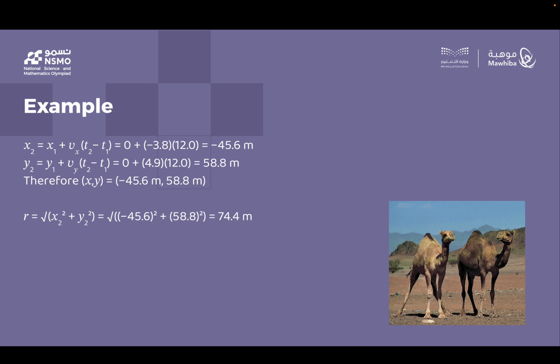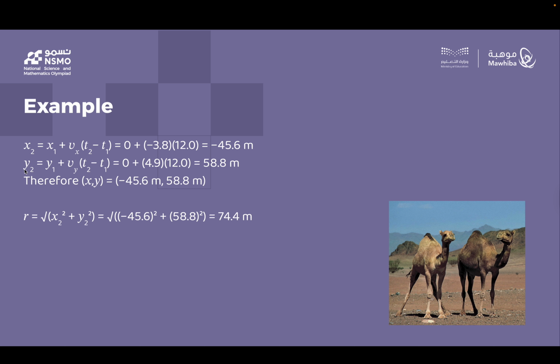To solve this problem, we have to remember the principle of independence of motion. So we can treat the movement along the x-axis and along the y-axis separately. Starting with the movement along the x-axis, x2 equals x1 plus vx times (t2 minus t1). So x1 was simply 0, and then we substitute the values for vx and the time difference, and the result, the x2 coordinate, is minus 45.6 meters.